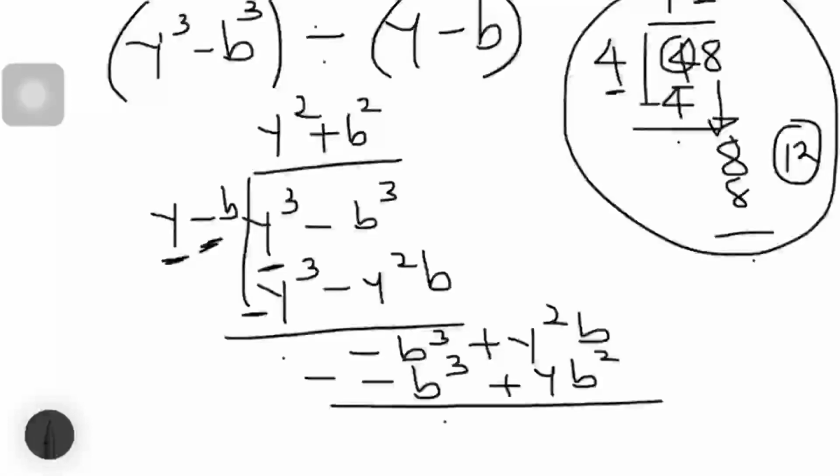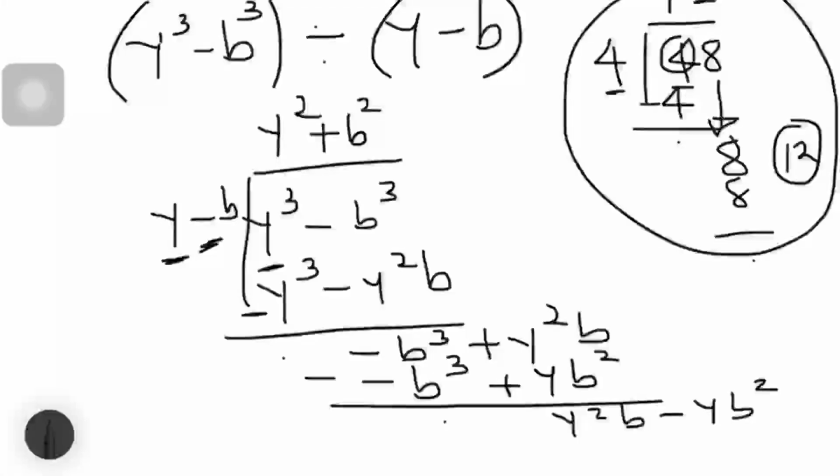So that one is finished. And then here we have y squared b minus y b squared. You've seen where the negative sign is coming from.